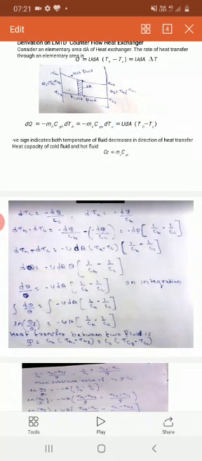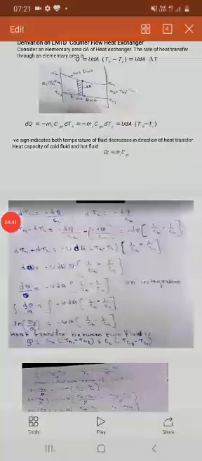The integration of d theta upon theta from inlet to outlet gives ln theta equal to minus U A (1/Ch - 1/Cc). Then applying the limits, we get ln(theta 2/theta 1) is equal to minus U A (1/Ch - 1/Cc). For heat transfer between the hot fluid and cold fluid, we can write Q = Ch (Th1 - Th2) = Cc (Tc2 - Tc1).